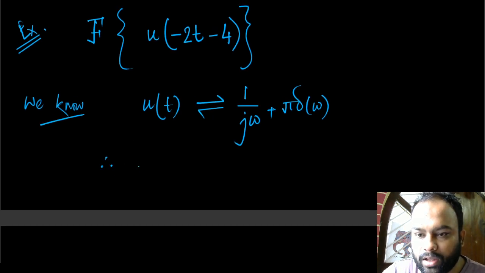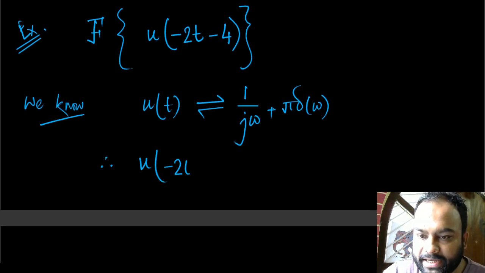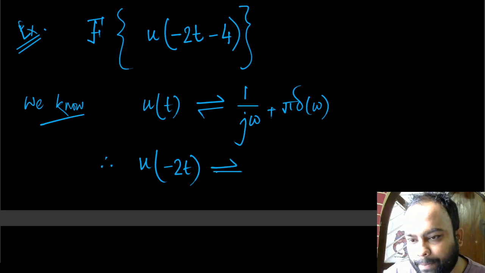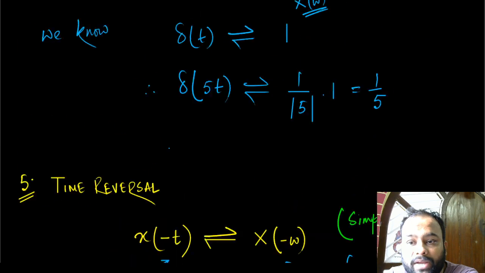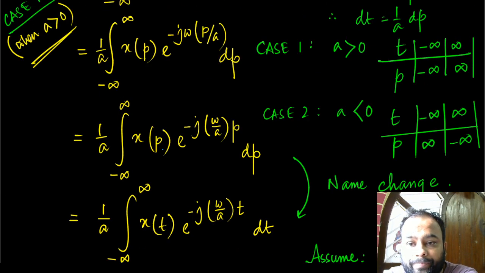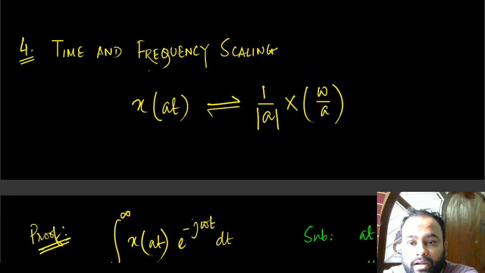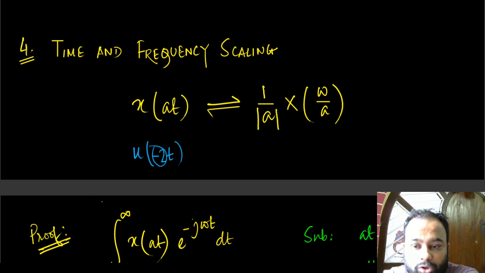Then what is the Fourier transform of u of minus 2t? Now we are going to apply the property of time and frequency scaling, property 4. So what is property 4? Property 4 tells me the Fourier transform of x of at is this. Of course, we are now calculating the Fourier transform of u of minus 2t, so a is minus 2 here.